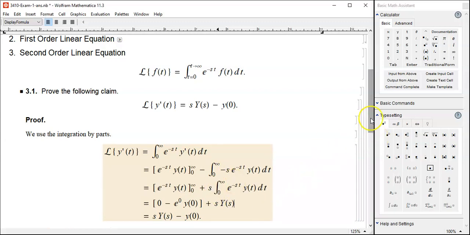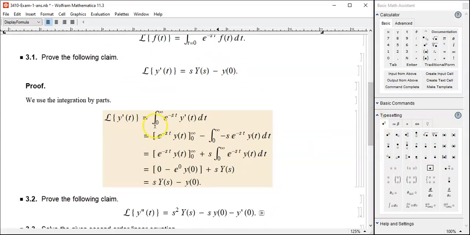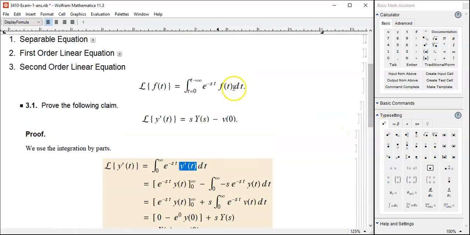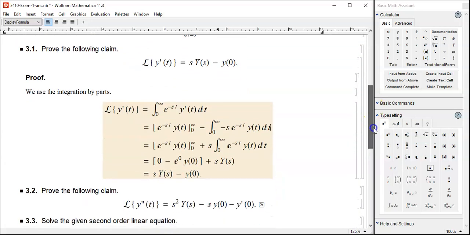Integral from 0 to infinity, e to the negative st, and then we want the function y prime there, so yes, we put y prime here in place of this function f, because inside we have y prime. And then we just apply integration by parts. This is dv, so we want v, so y of t. And then this is u, so we want du. So let's take the derivative.